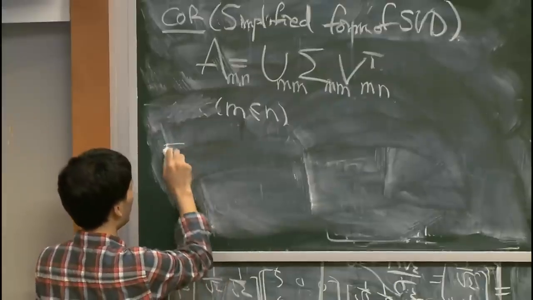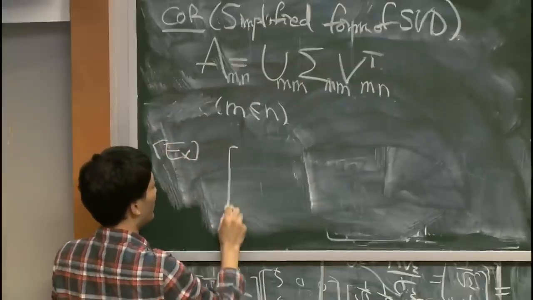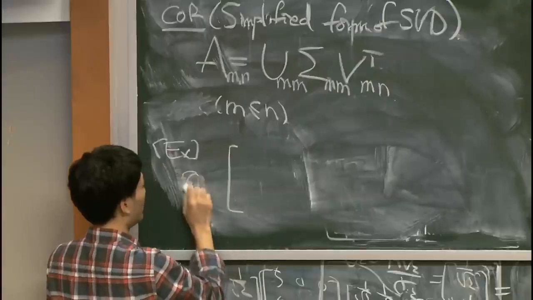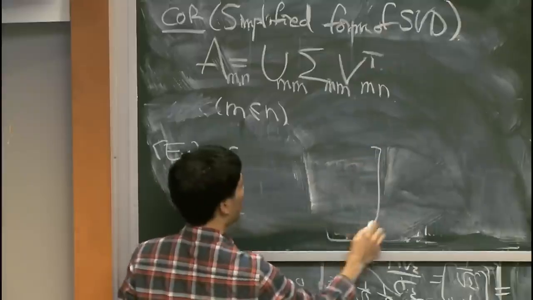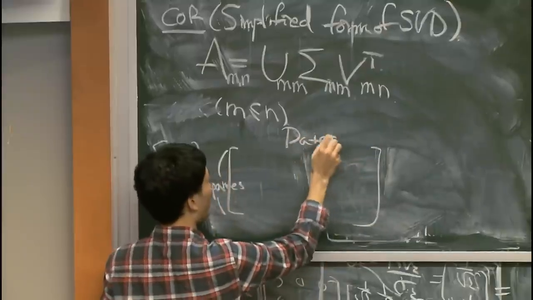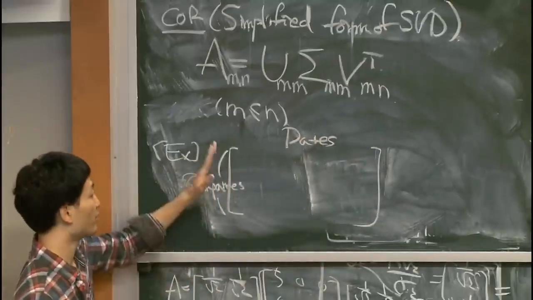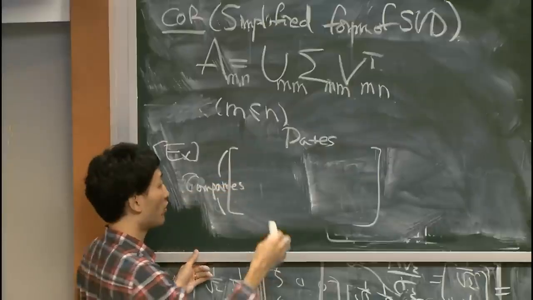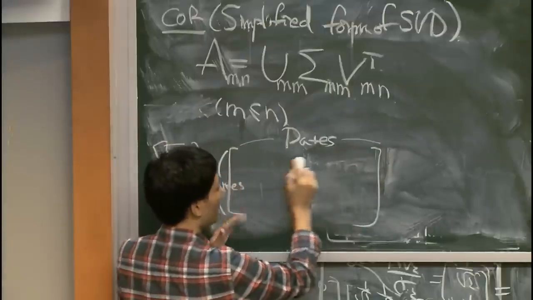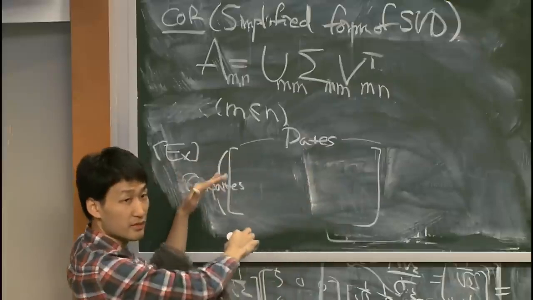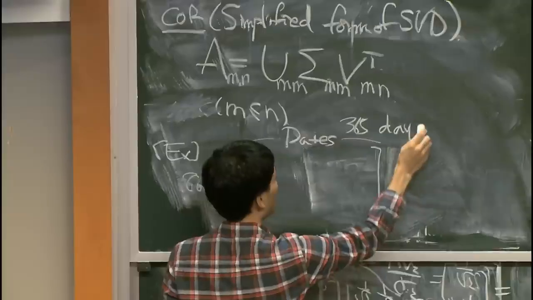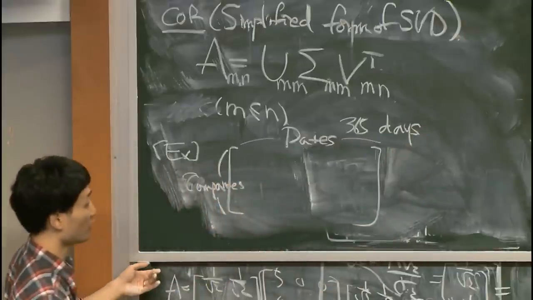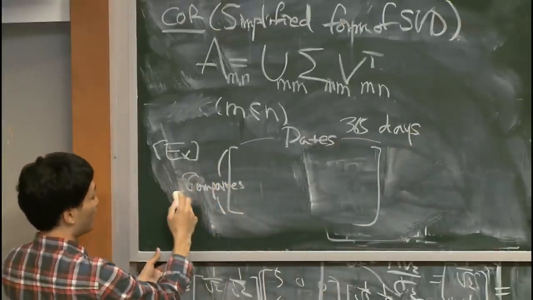So to illustrate an example, look at this. Now look at the stock prices, where you have companies and dates. Previously, I just gave you an example of a 3 by 3 matrix, but it's more sensible to have a lot more dates than companies. So let's say you recorded 365 days of a year, even though the market is not open all days, and just 5 companies.